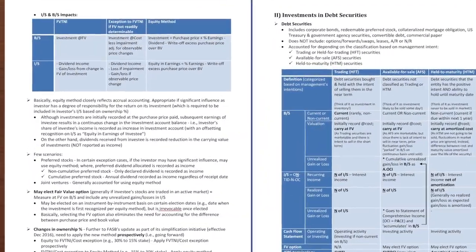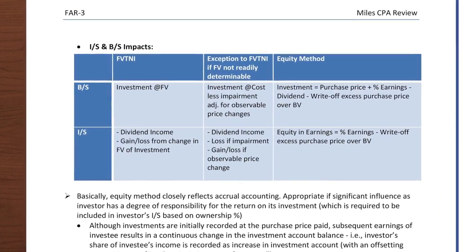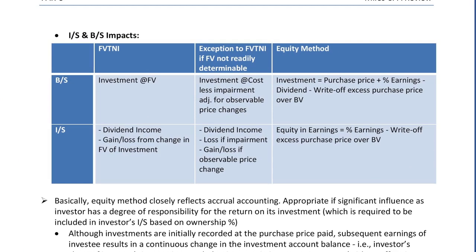On page 8, we look at one final recap of fair value through net income versus the equity method, highlight the income statement and balance sheet impacts. Circle balance sheet. Now on the balance sheet, under the fair value through net income, highlight the investment is at fair value.